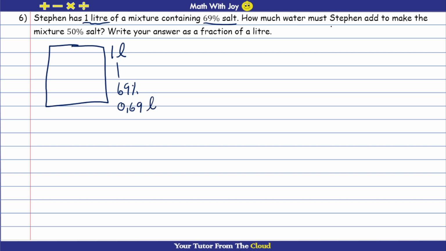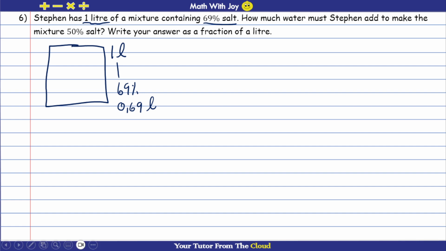How much water must Stefan add to make the mixture 50% salt? So now you don't want 69%, you want 50% salt.